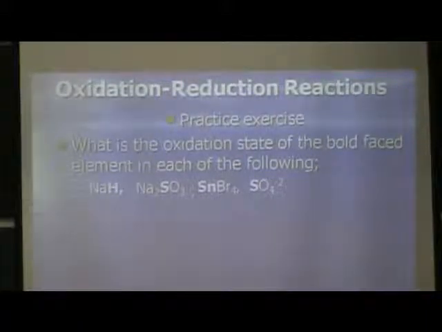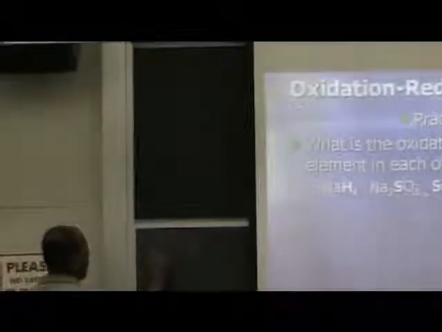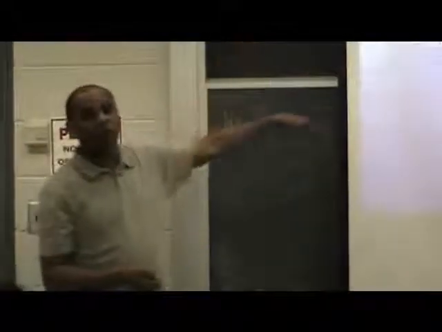Again, we have Na2SO3. Sodium is a monatomic ion, so the oxidation number of sodium is going to be the same as its charge. You need to read the rules of oxidation numbers.